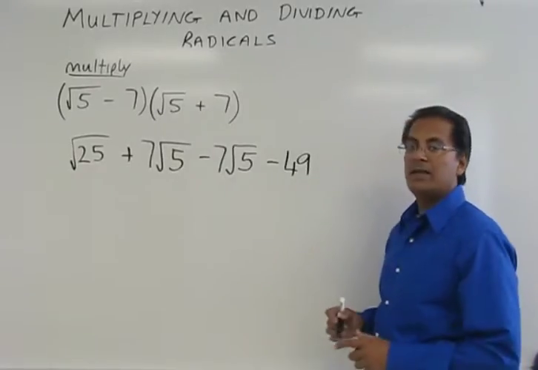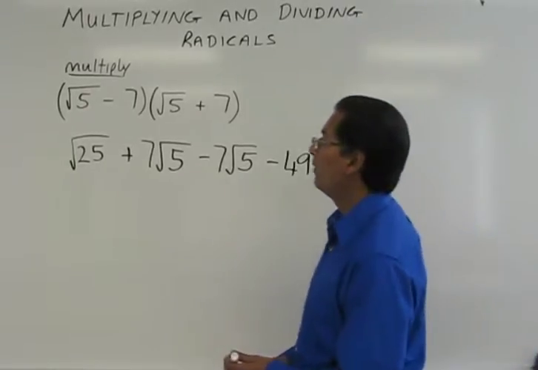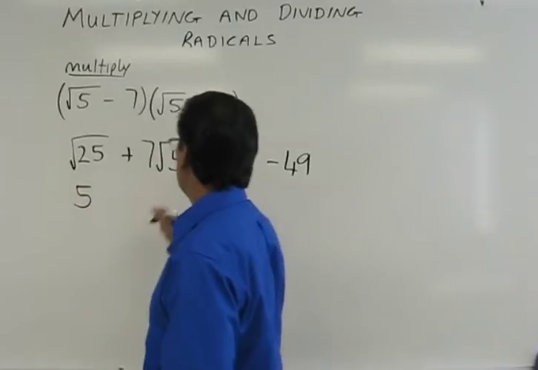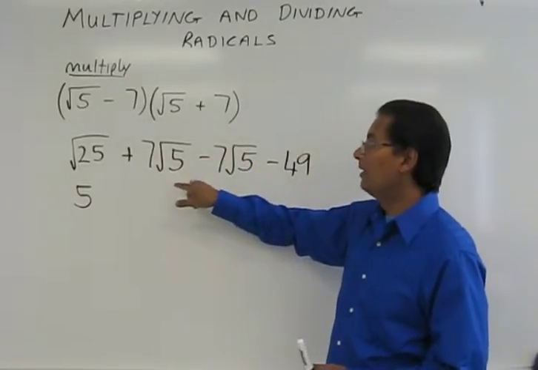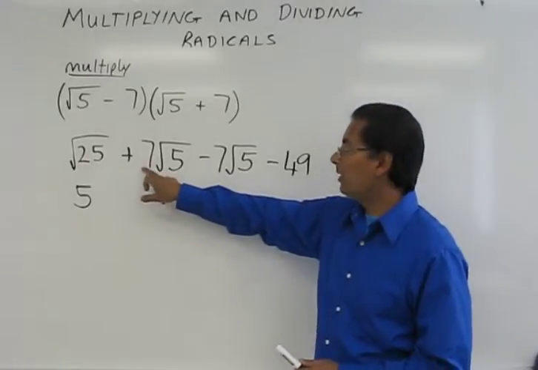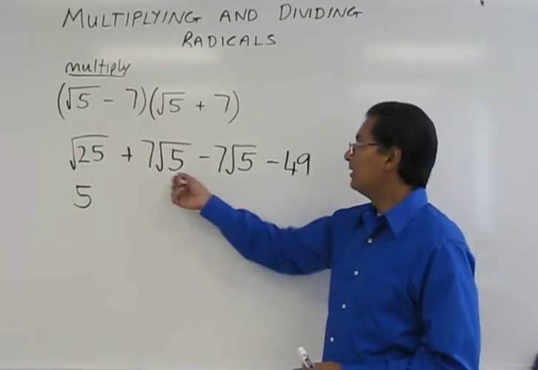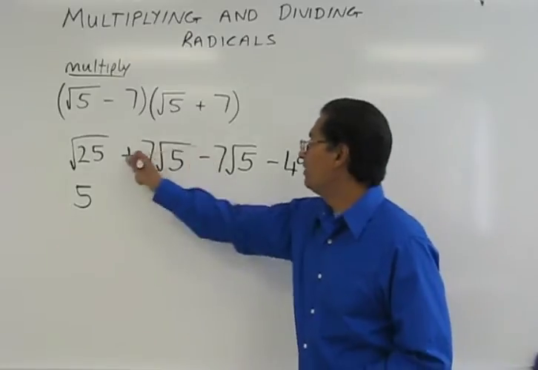So let's simplify this a little, if we can. The square root of 25, we know, is 5. Now, here's where we have a sum and a difference. We're going to have a cancellation of these inner terms here. We have a plus 7 root 5 and a minus 7 root 5. They're the same number except with opposite signs, so they add to 0.